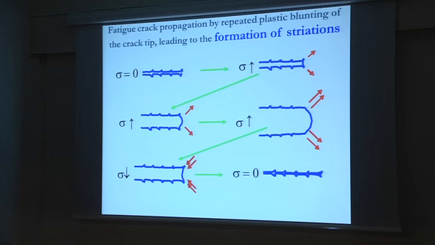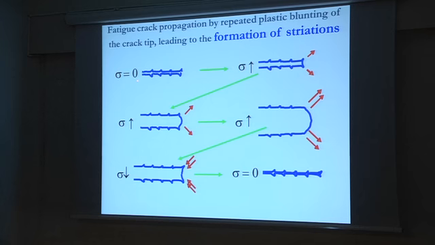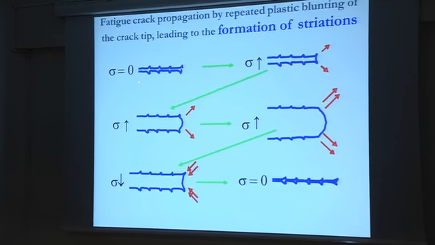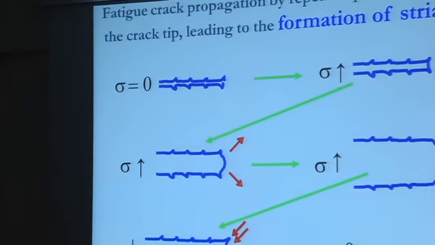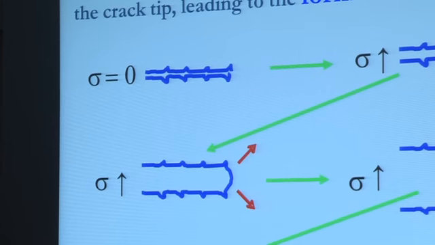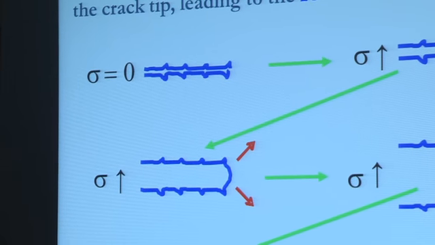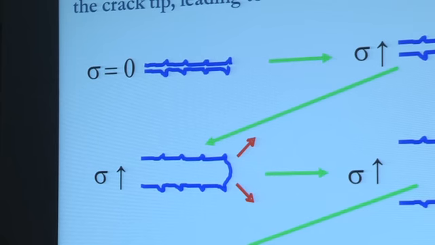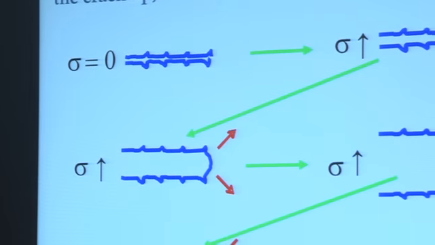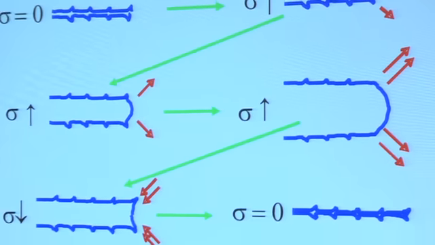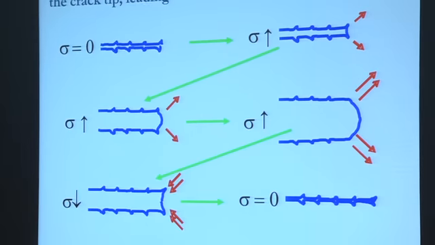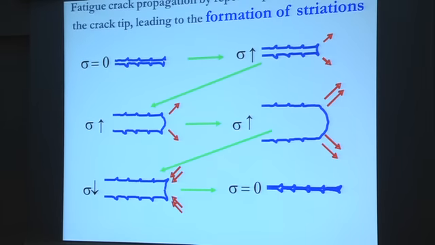The front of the crack bends back, and then when you go back to another situation of sigma equals 0, you have created a further groove. This is the situation of fatigue crack growth and formation of striation.